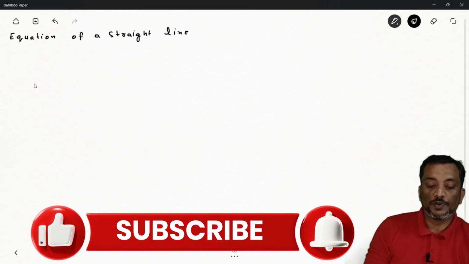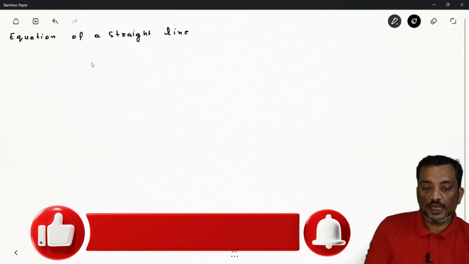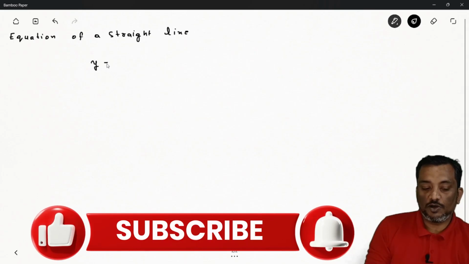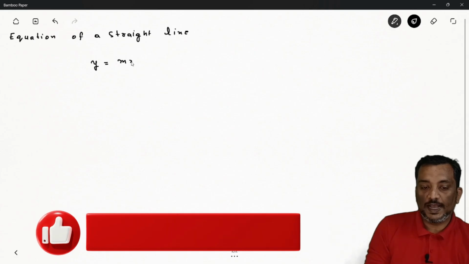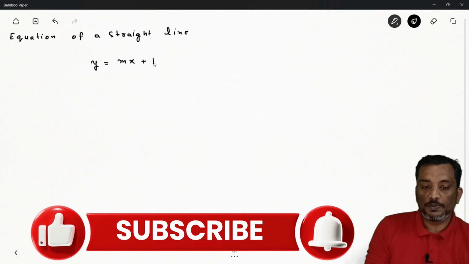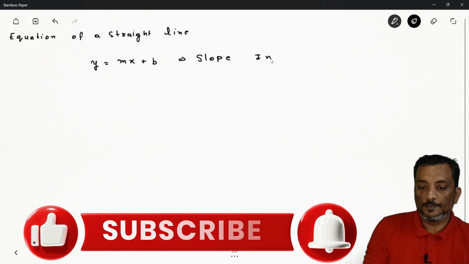Got it? So we have the equation of a straight line in the form y is equal to mx plus b, and this is also called the slope intercept form.